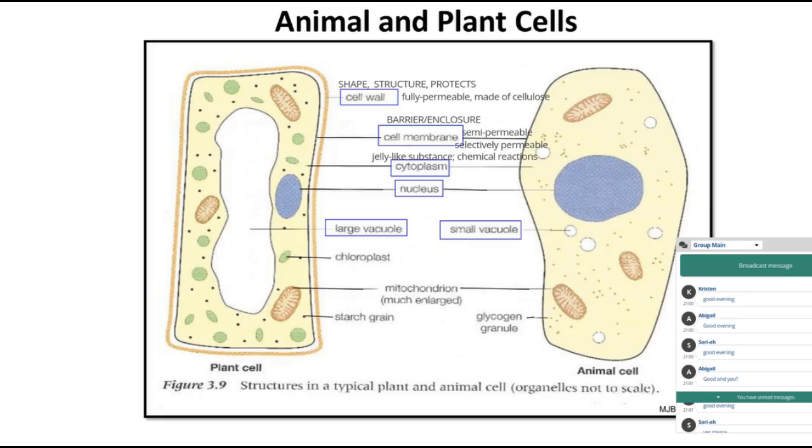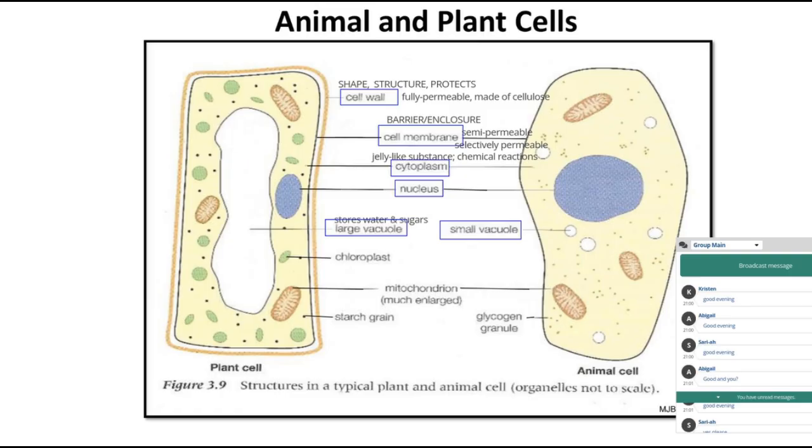So if the rain isn't falling, they still have a little storage to keep them for a little while. So the large vacuole will store the water and some sugars as well. So I mentioned nutrients, so you get some sugars particularly dissolved in this water. So it stores water and sugars.